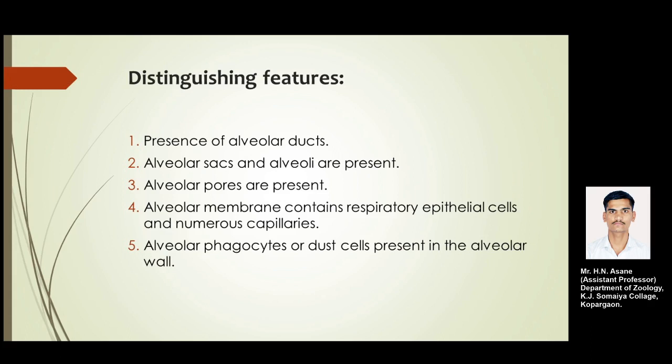The alveolar membrane contains respiratory epithelial cells, and numerous capillary networks are present on each alveolus. Through these connections, deoxygenated blood is converted into oxygenated blood.